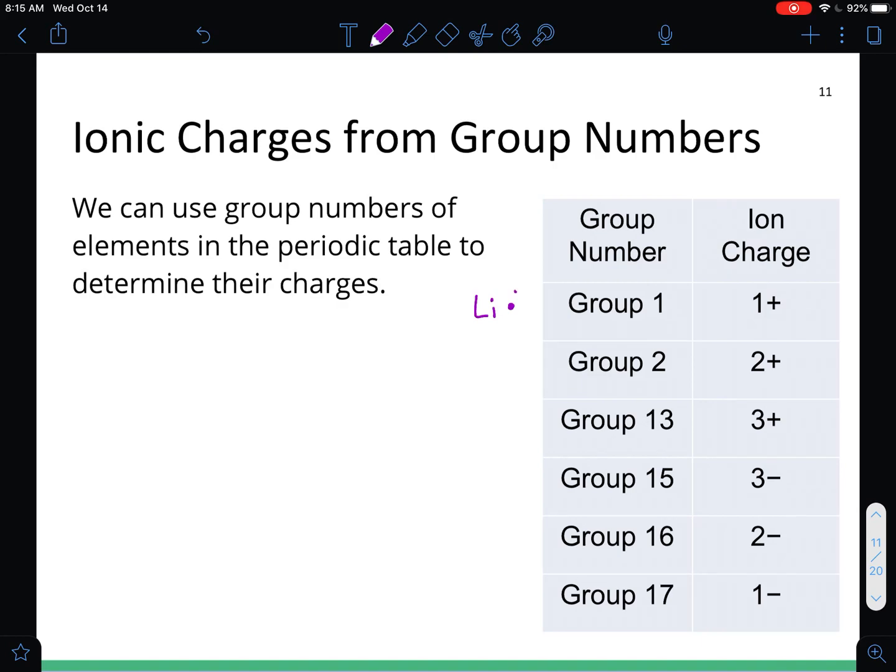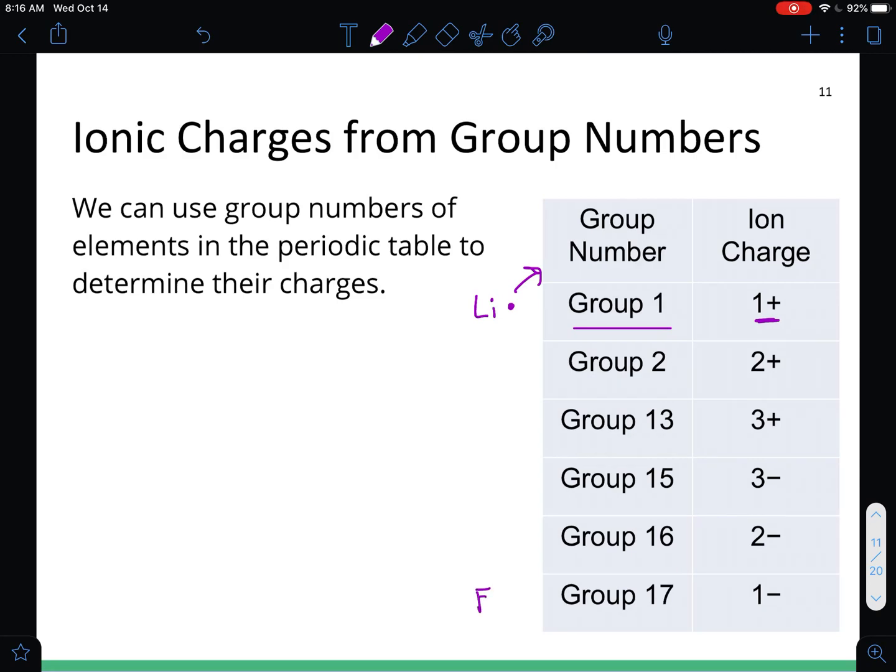So that means it's way easier for lithium to give away 1 electron than try to get 7 more. That would be quite a lot of electrons to grab from other elements. So it's easier to give 1 away, and when you lose an electron, lithium ends up with a positive 1 charge, and that is true for all elements in group 1.